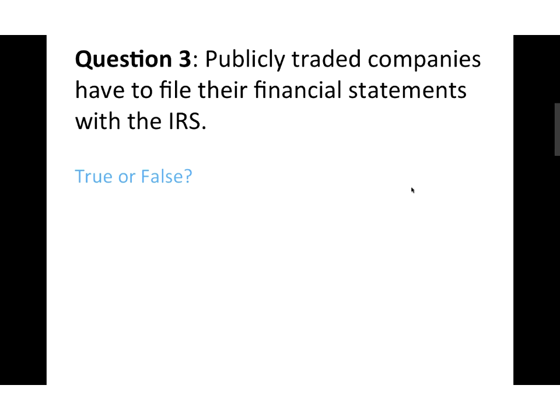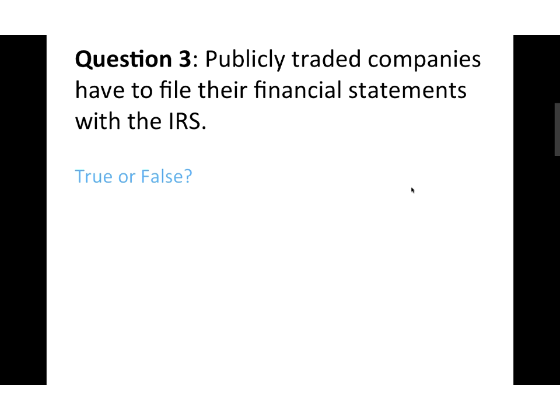And financial statements are based on U.S. generally accepted accounting principles or international financial reporting standards, but these financial statements are based on frameworks of accounting that are designed to allow the user to make informed decisions. So the financial statements are prepared using U.S. GAAP or IFRS, and the reason financial statements are prepared is to give investors and creditors a set of information that they can use to evaluate decisions.